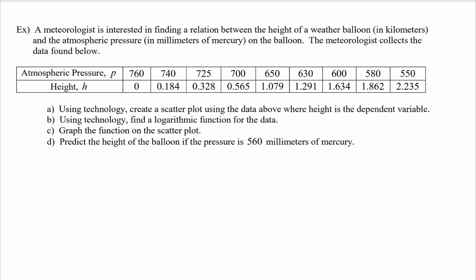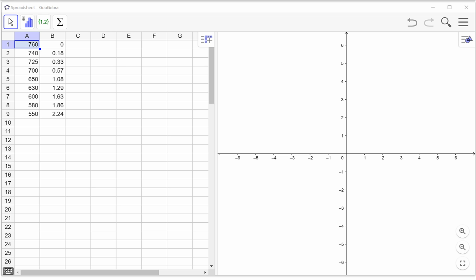Part A says use technology, create a scatter plot using this data where height is the dependent variable. So height is y, what we would call y. Again, I'm going to use GeoGebra for this. I'm going to type it in the spreadsheet. I'm not going to make you watch me type this in, so I'll skip ahead to where I've got it typed in.